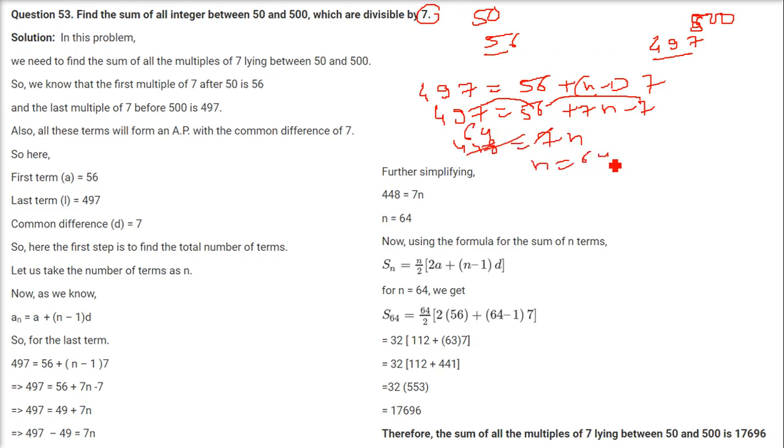So n becomes 64. Now we have to find S64. It is going to be n by 2, 64 by 2, times 2a, which is 2 into 56, plus n minus 1, 64 minus 1 is 63, into d. Common difference is 7. So this is the expression you have to solve. It will be 17696.